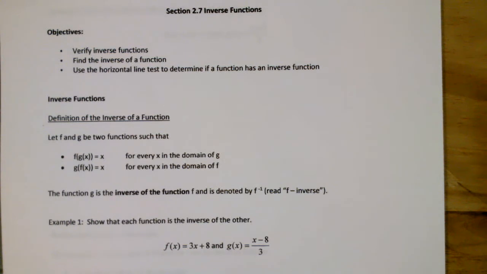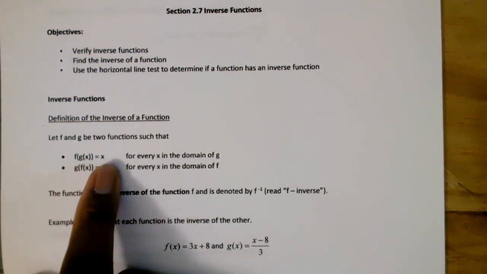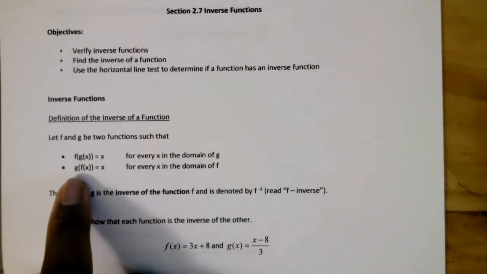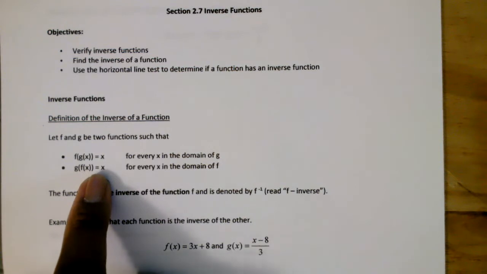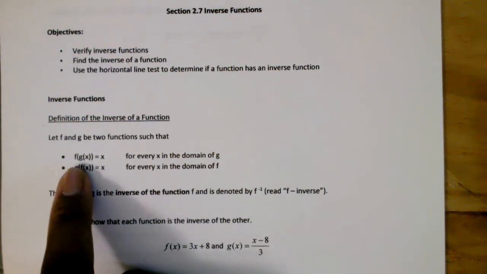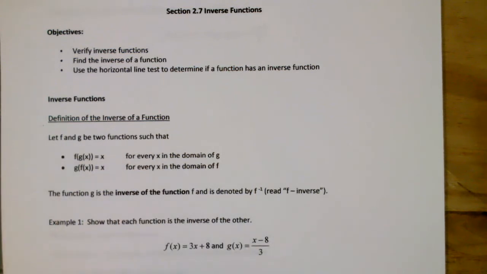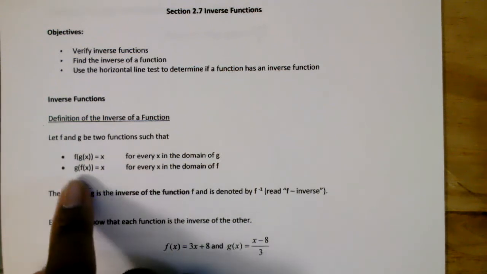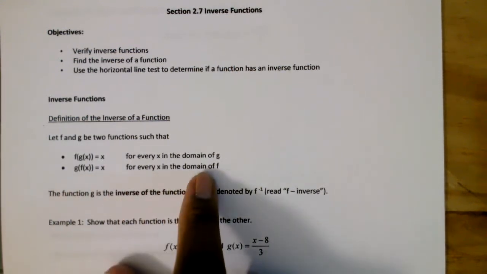Let f and g be two functions such that f of g of x, or the composition of f with g of x, is equal to x, and the composition of g with f of x is also equal to x. For the composition of f with g of x equaling x, that's for every x in the domain of g, and g of f of x is equal to x for every x in the domain of f.